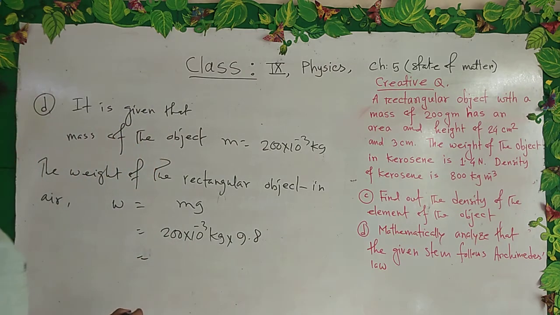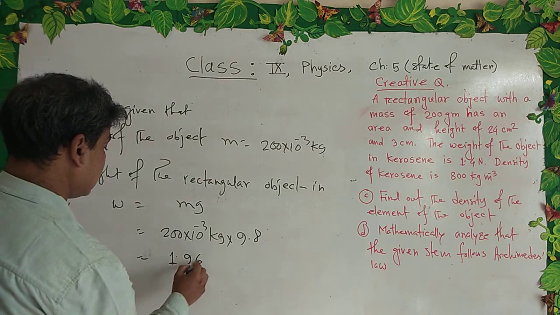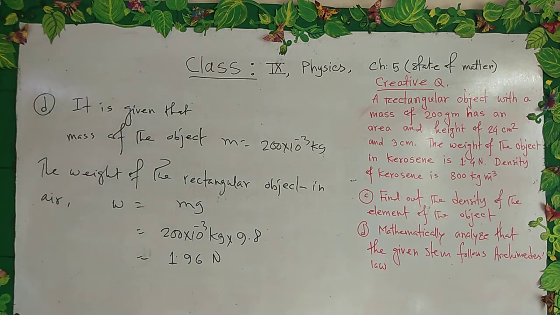So it gives you the weight of the object in air is 1.96 Newton, and side by side you can see the weight of the object in kerosene.